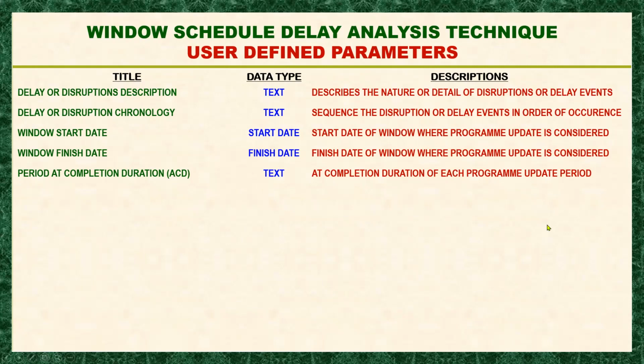Now, for the next update, we will be updating it by the end of July 2022. So the period of completion that we have to consider there is up to July 31, 2022. So the at completion duration of the month of June compared to the at completion duration up to the month of July will be different, depending on the performance of the project.